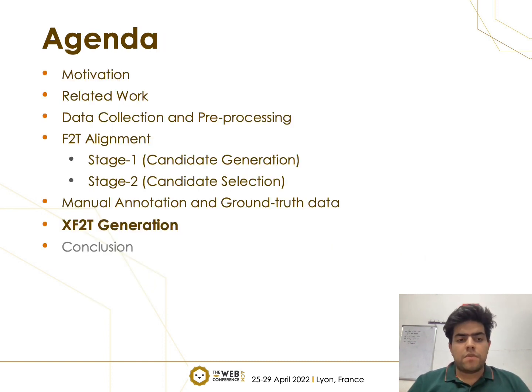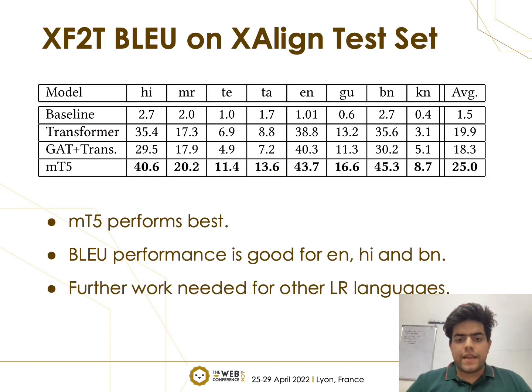Next, we finally talk about the cross-lingual fact-to-text generation. This table shows the results that we received from various text generation baselines that we tried. We tried a simple baseline where we compared just the fact translated in the given language. Next, we tried a simple transformer model on the given fact.